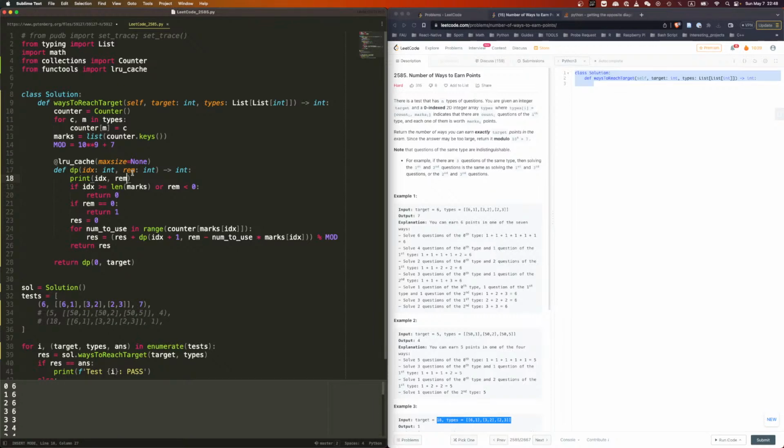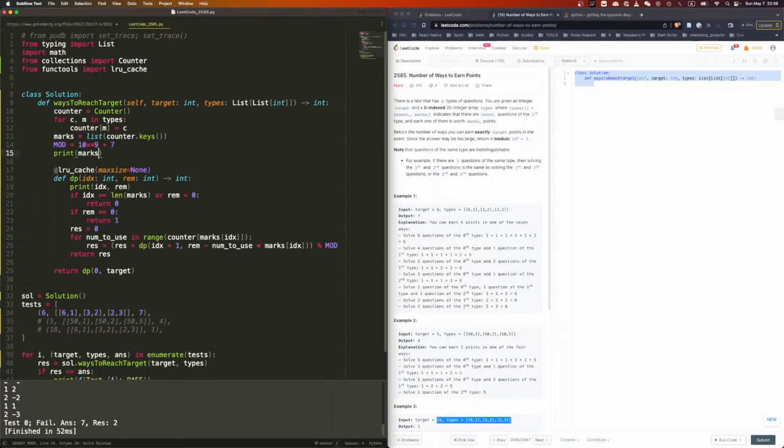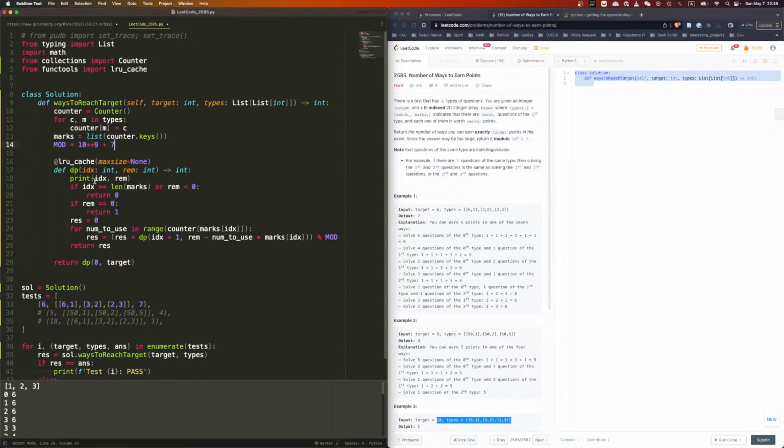Right, we start with 0, 6. Index is 0. And then 1, 6, 2, 6, 3, 6. That's done. Wait, what's the marks? Marks is 1, 2, 3. We have 1 mark, 2 mark, 3 mark. Okay, that's fine. So num to use, we'll start with 0, and then it should be 1.